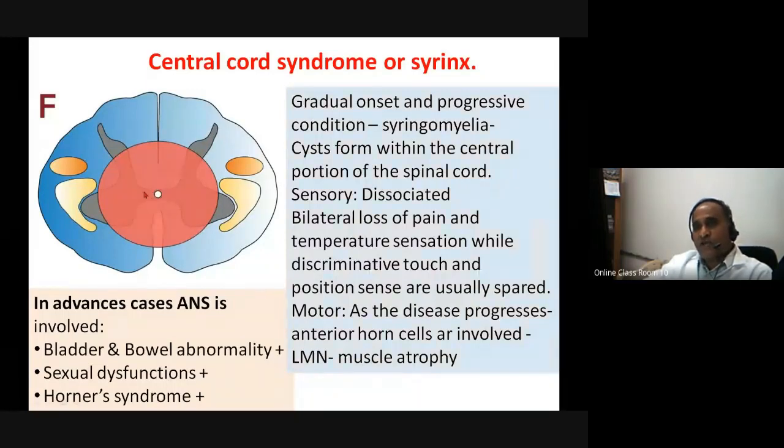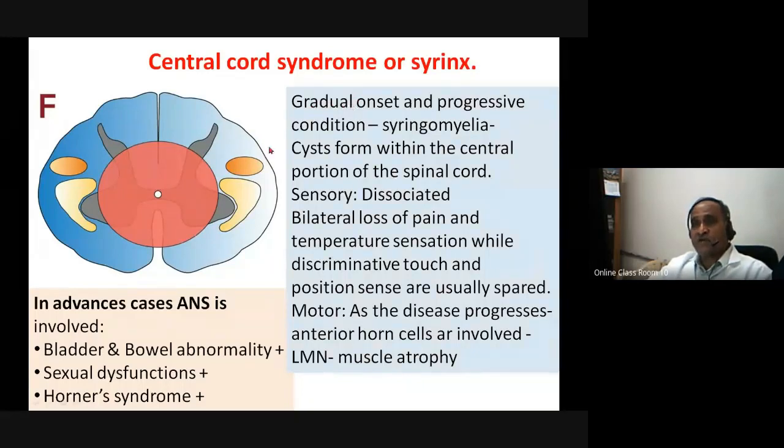To begin with, the fibers coming from this side, I'm just taking this side, especially the pain and thermal sensations, cross here, anterior to the central canal, and then ascend as the lateral spinothalamic tract. Since they are very near here, they are cut, and this crossing means there will be involvement of the pain and thermal sensations on both sides. That is the beginning.